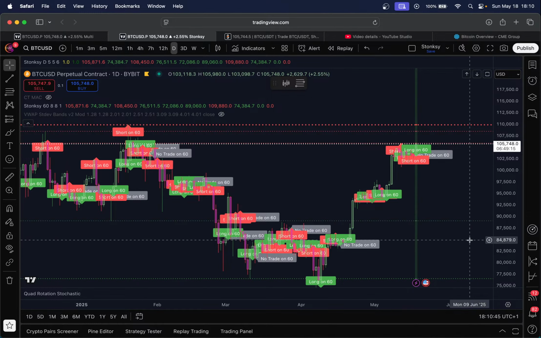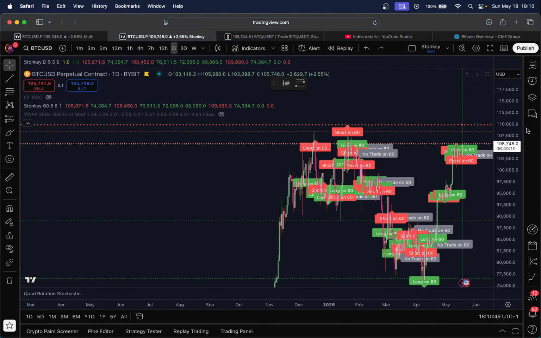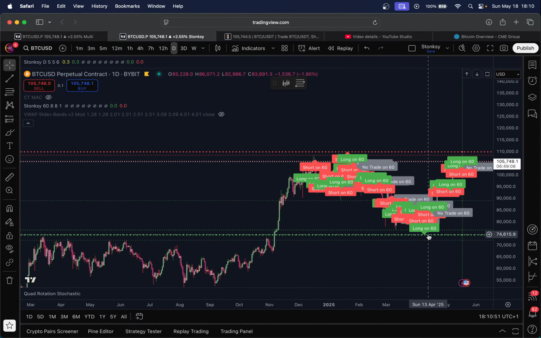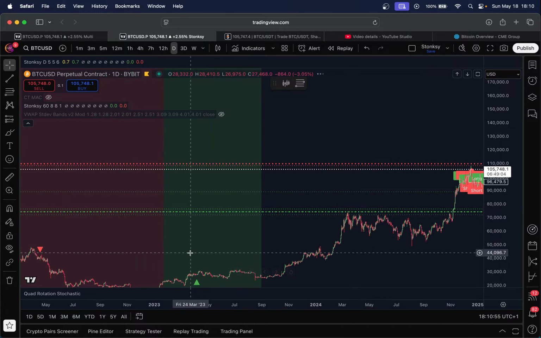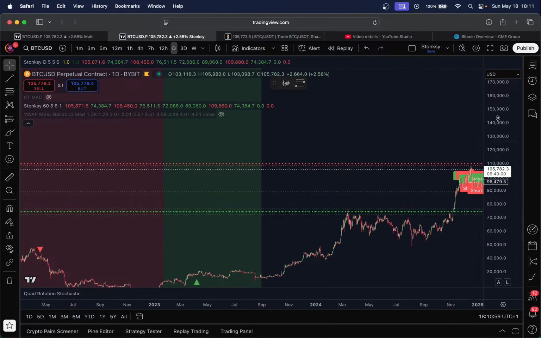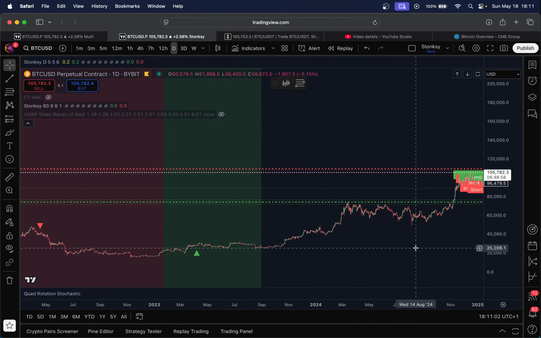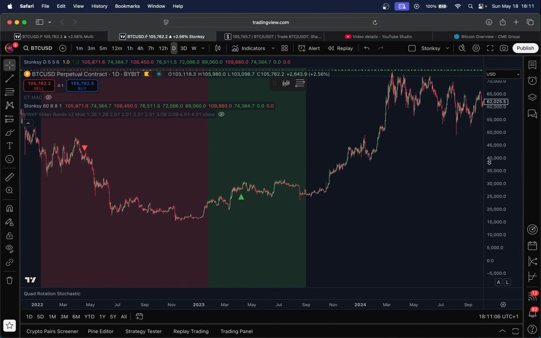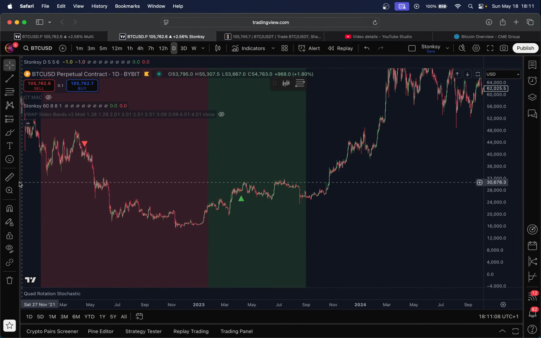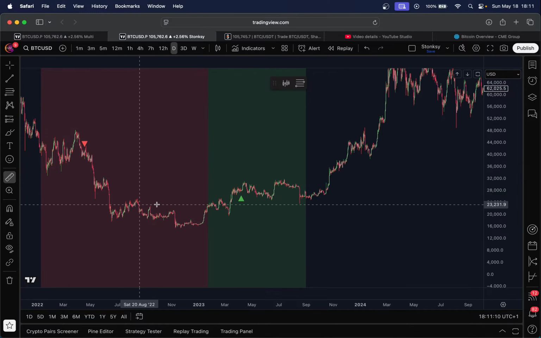But if this green background remains green, that could be very good. The last time that happened was here, which was January 2023, and that doesn't look that big here, but from there we were at about 22.6k.